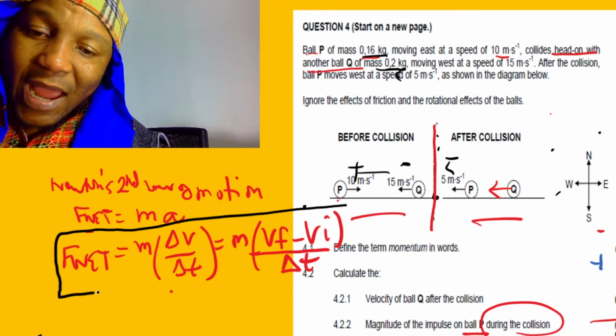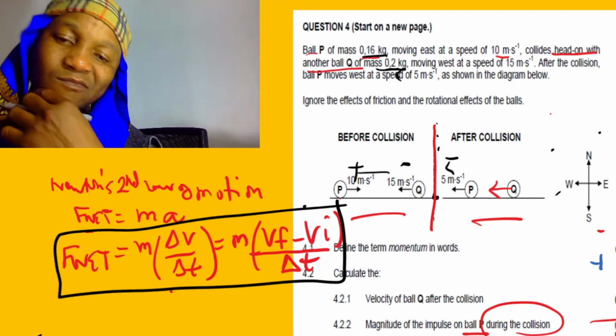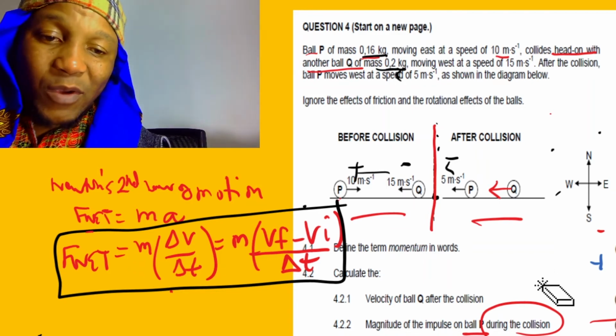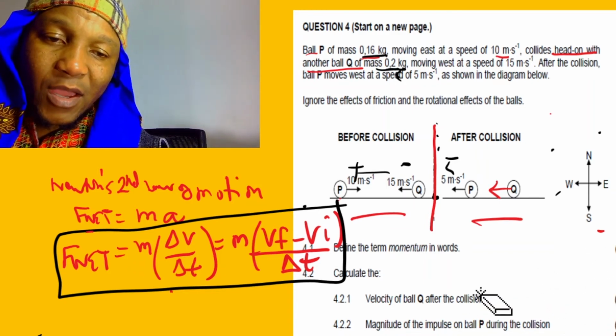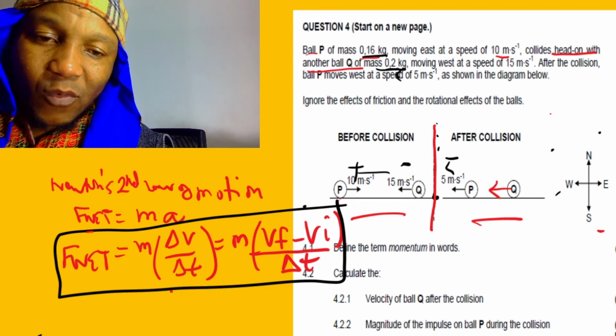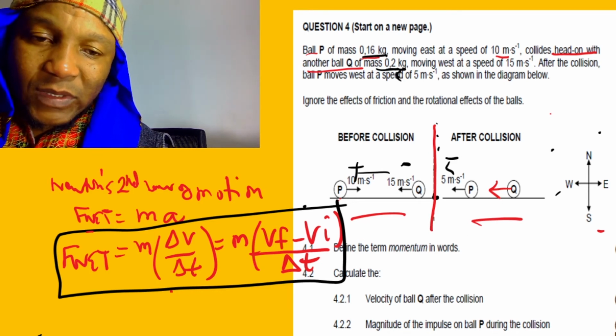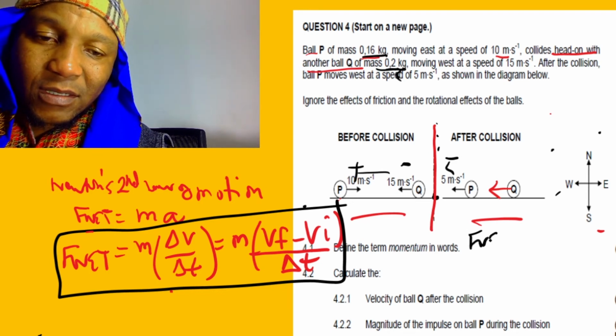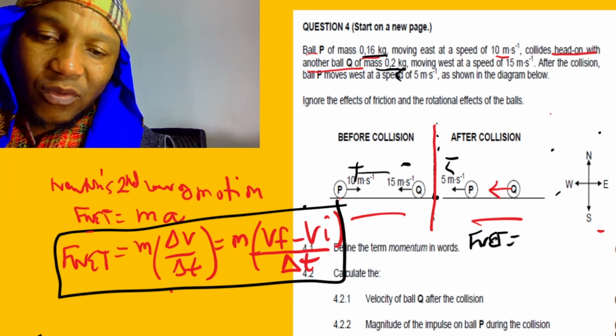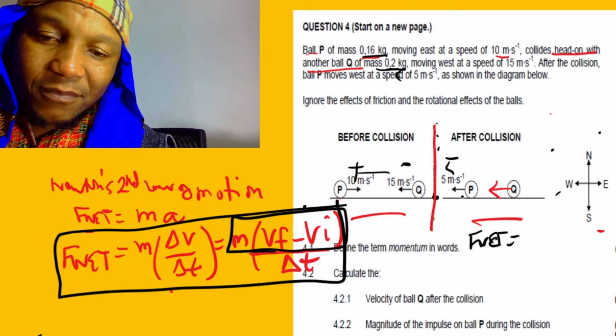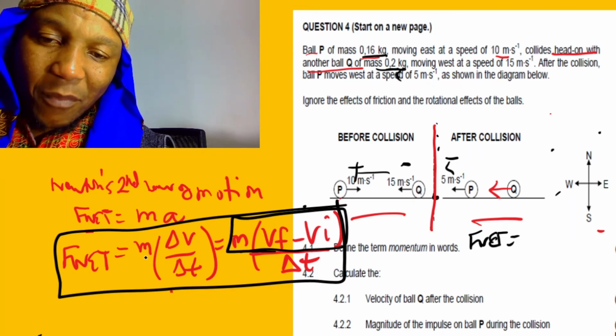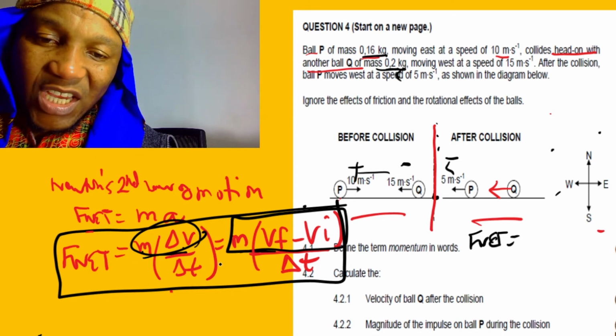So now I want to show you how you get impulse from this. We say F net equals change in momentum over change in time, because mass times velocity is the momentum.